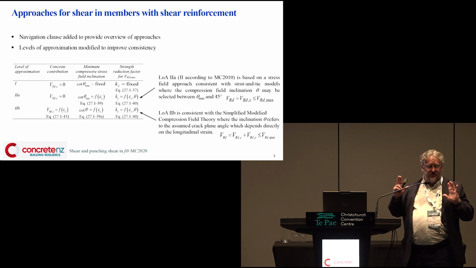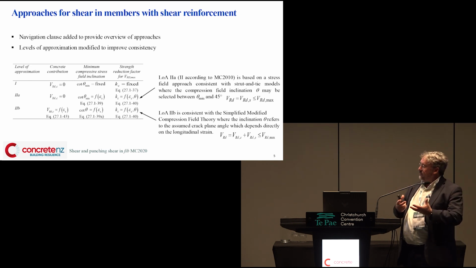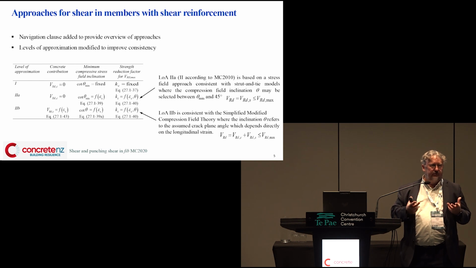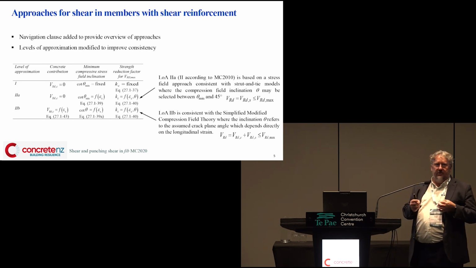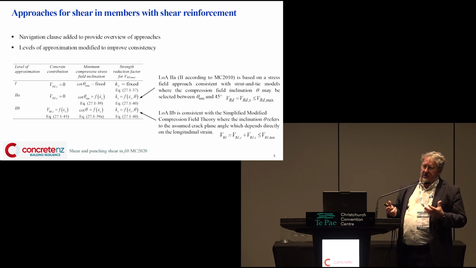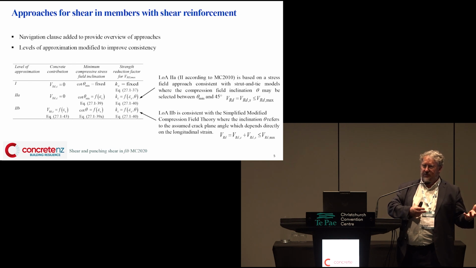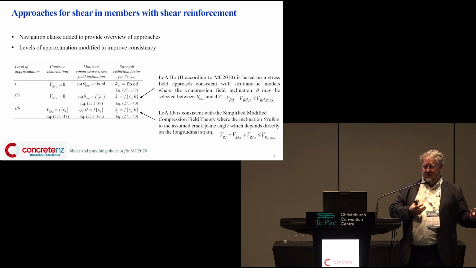And those plasticity models are fantastic. They work really well. Some people still want those plasticity approaches, and that's what you got here, because the approach is different to that for a strain-based approach. So how do you build in the plasticity model to make it consistent with the modified compression field model? The modified compression field model has a concrete term, right, a Vc term.